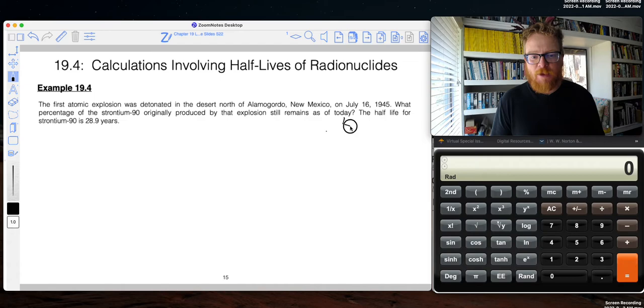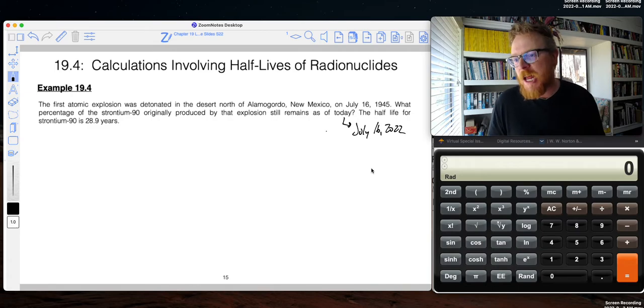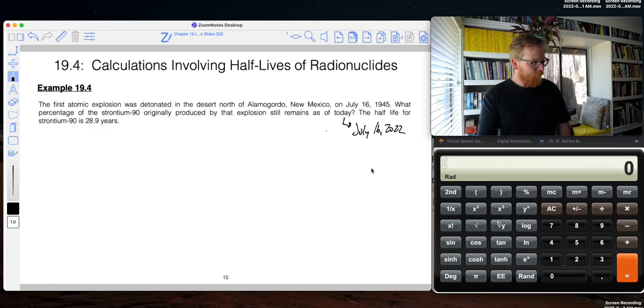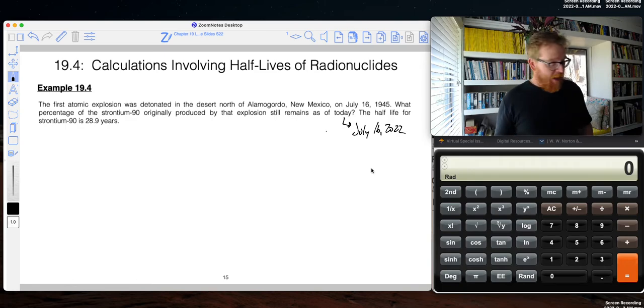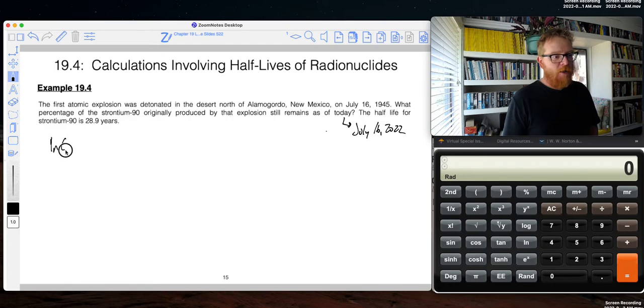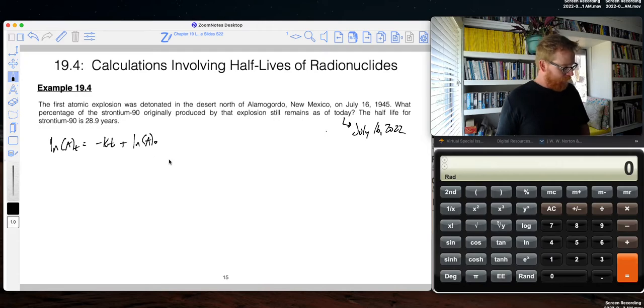So to make this calculation easy, for today, we'll just say July 16, 2022, so we get just an even number of years. Okay. So we're going to use the integrated half-life equation for this. Recall that one goes as the natural log of A at time t equals negative kt plus the natural log of A initial.